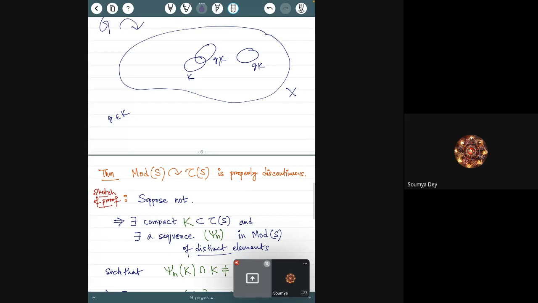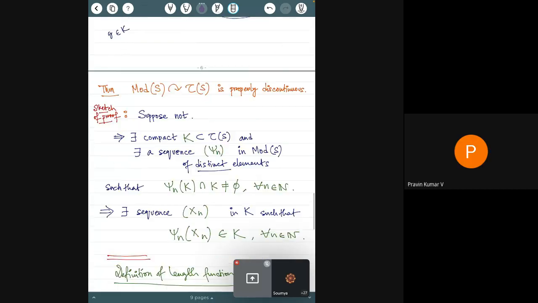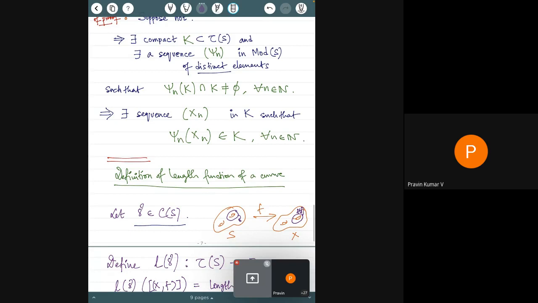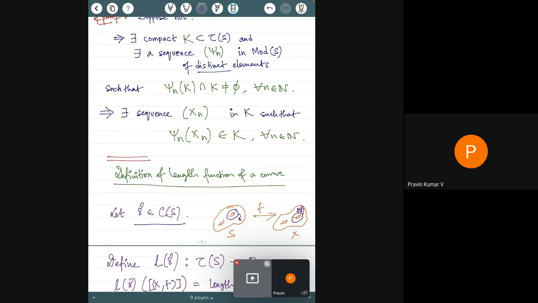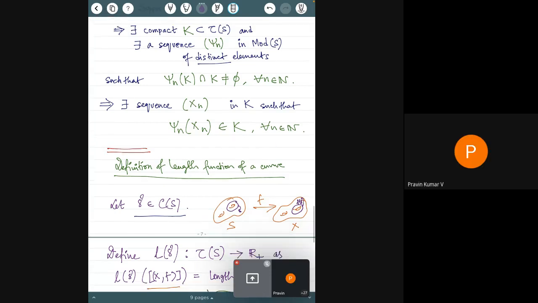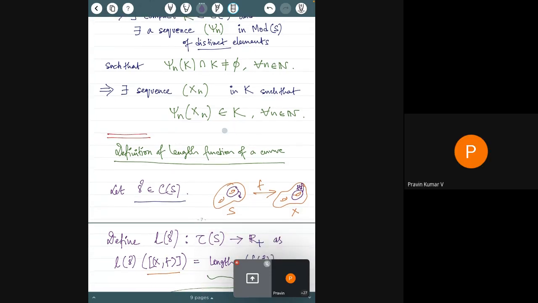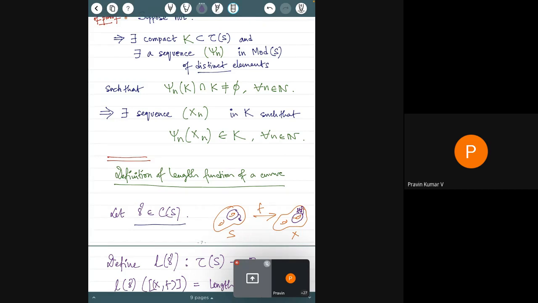But if you have a puncture, there is some catch with that unique geodesic representative. For a closed surface, there is no catch. But will this same definition work in the case of a hyperbolic surface with puncture? Okay, I can ask at the end.